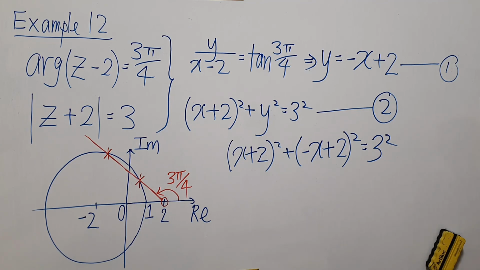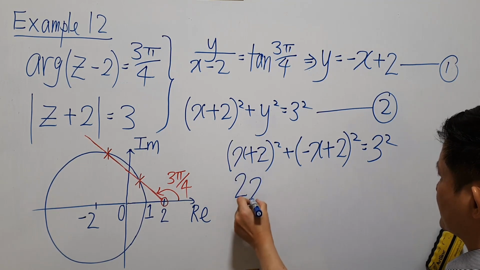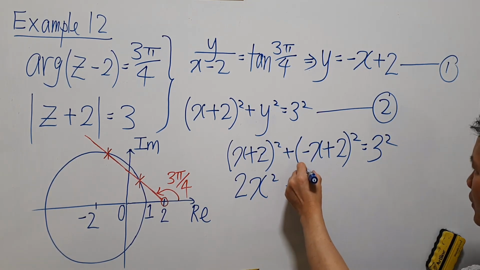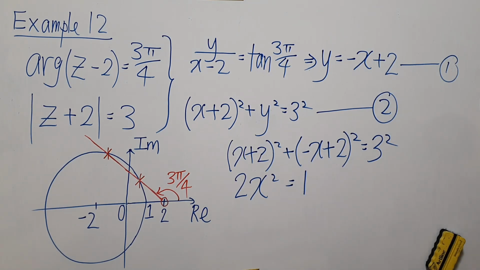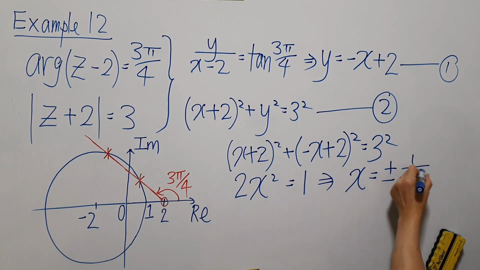You can do your expansion, and then you'll get 2x squared equals 1. You just expand normally. Therefore, you have the value for x: x equals plus or minus 1 over square root 2.